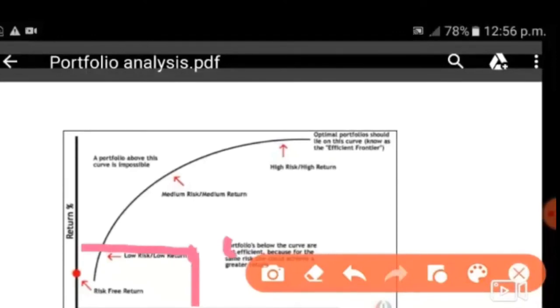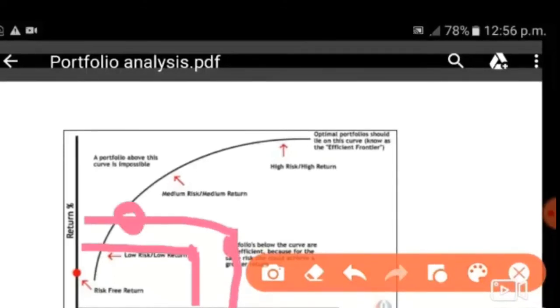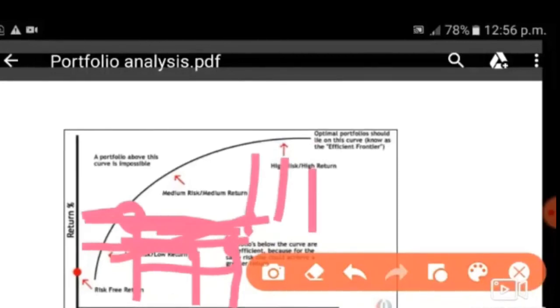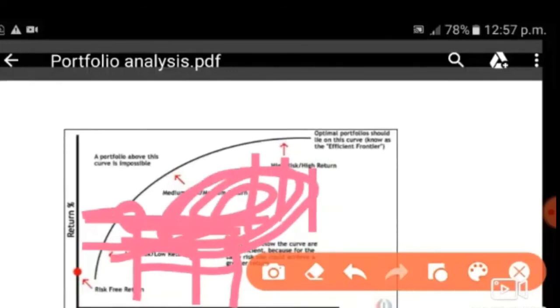You take one here, you again get a higher return but the risk is very high. But here you get a portfolio with a higher return at a lower level of risk. So all portfolios to the right and below are inefficient. So this full portion is inefficient.